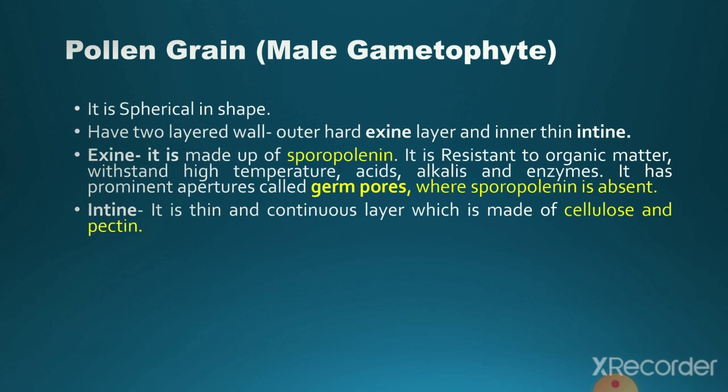The inner layer is called the intine. It is a comparatively thin and continuous layer made up of cellulose and pectin. That means in a pollen grain, or male gametophyte, there are 2 layers: exine, made up of sporopollenin, and intine, made up of cellulose and pectin.